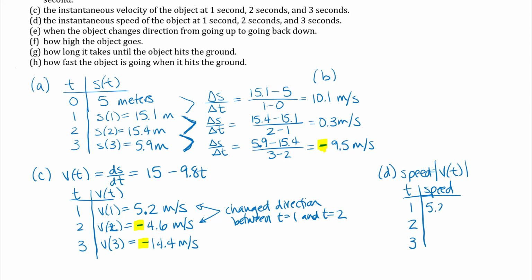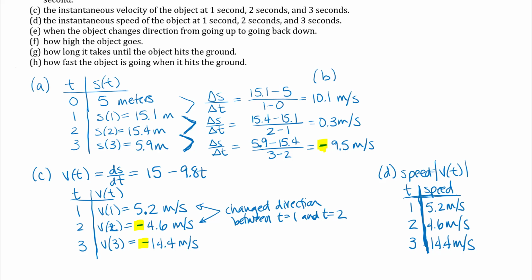So 5.2 meters per second, 4.6 meters per second, and 14.4 meters per second. All right, so velocity has this positive or negative sign, which can help us indicate direction when the height or position is getting bigger or smaller. Speed strips that away, and it just focuses on how fast or slow an object is going. All right, so that was part D.